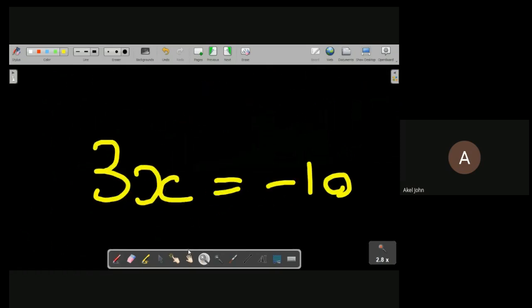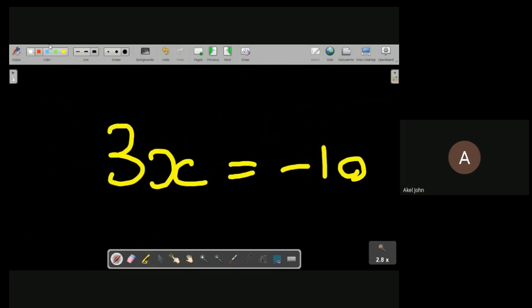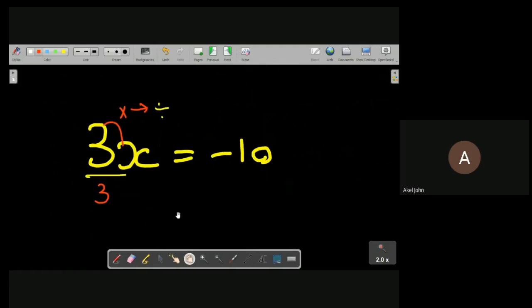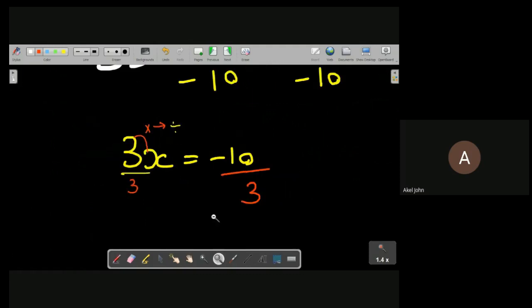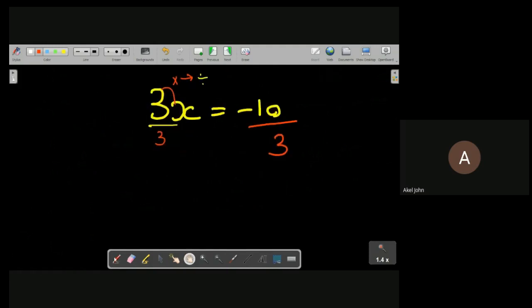Now at this point, what is happening between the 3 and the x is multiplication, so we need to use the inverse of multiplication, which is division. We need to divide by 3 on both sides so that the x can be left by itself. The 3s cancel off, leaving x is equal to negative 10 over 3.